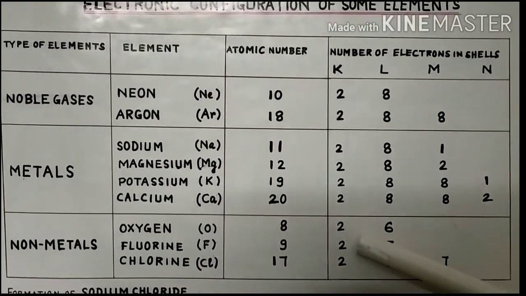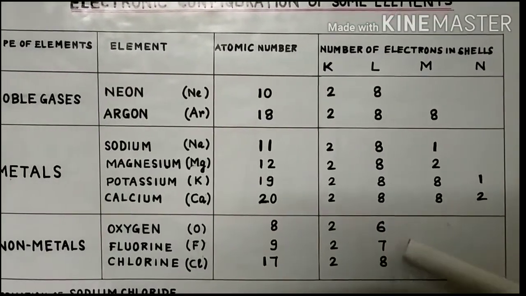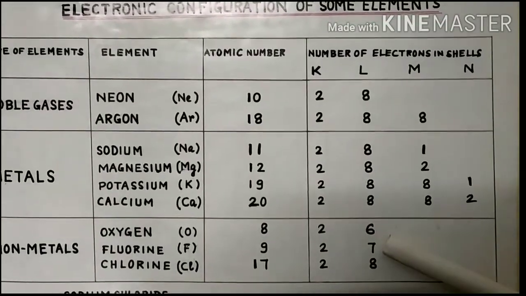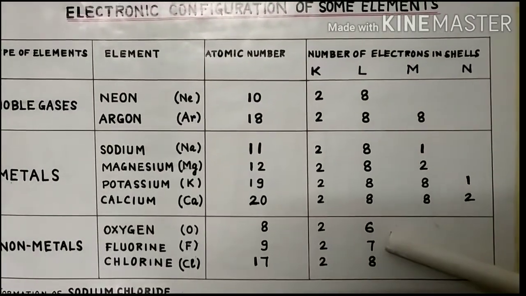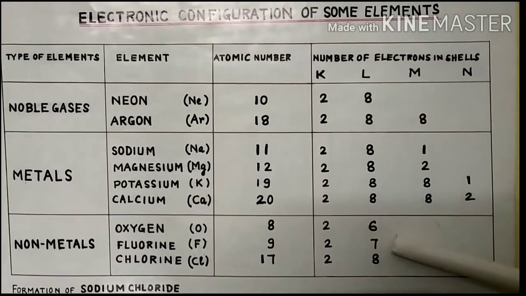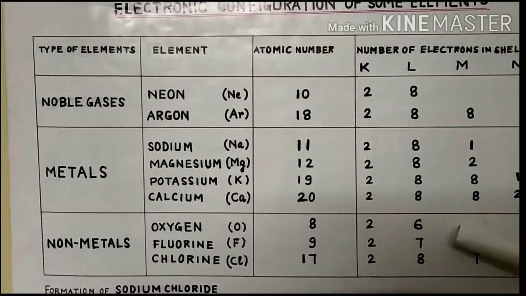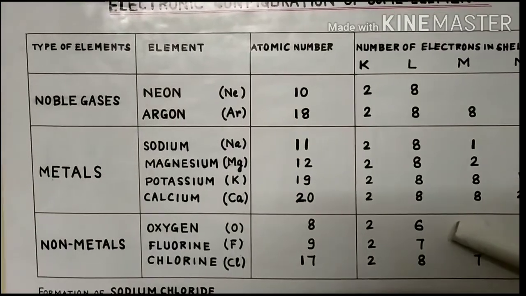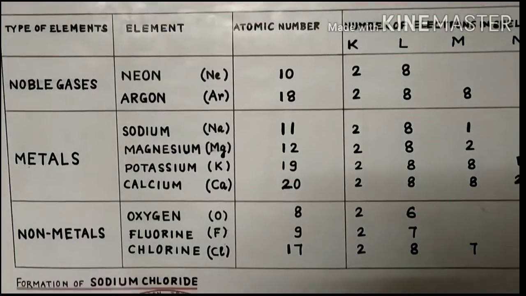See, its electronic distribution: K shell 2 electrons, L shell 6 electrons. If it gains 2 electrons, then it can fulfill its octet, that is 2,8 structure, and automatically it will form oxide ion.